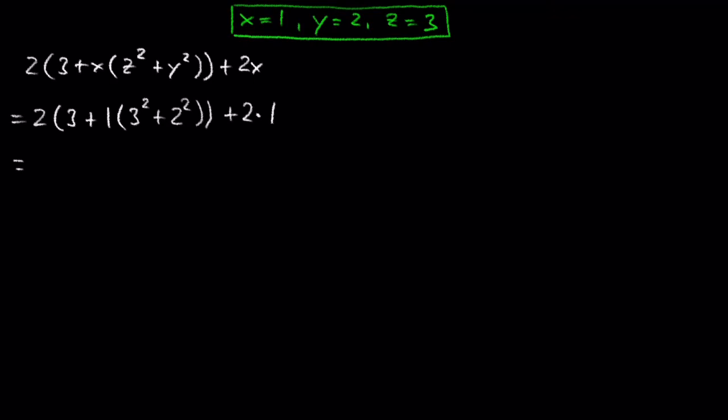When you have a parenthesis inside another parenthesis, we calculate from the inside to the outside. Three squared is 9 and 2 squared is 4. 2 times 1 is 2.